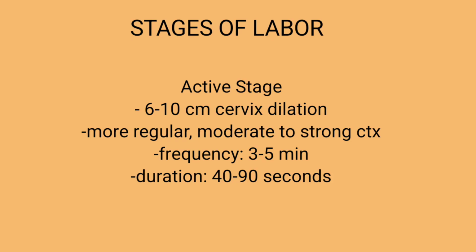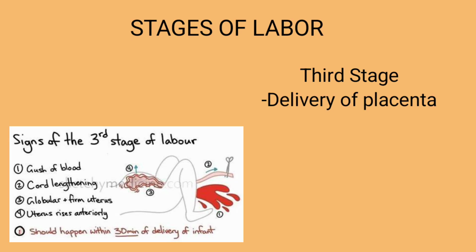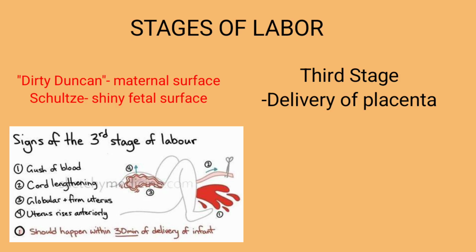The second stage of labor would be the full dilation and the pushing of the fetal descent. So this one is actually giving birth to the newborn. Third stage would be the delivery of the placenta. The thing that we have to remember is the clamping of the umbilical cord, so that it needs to be done within 30 minutes.